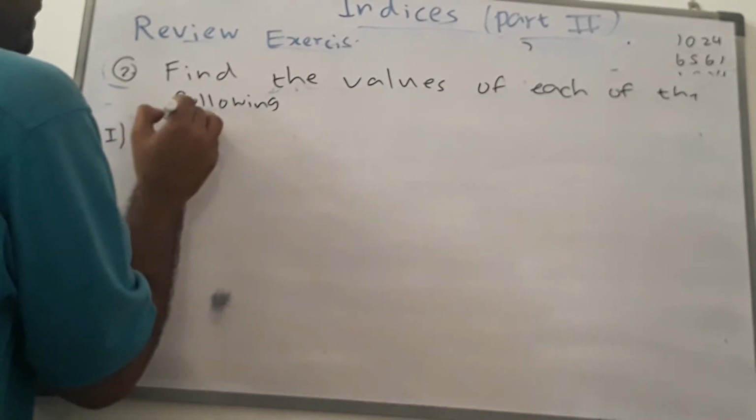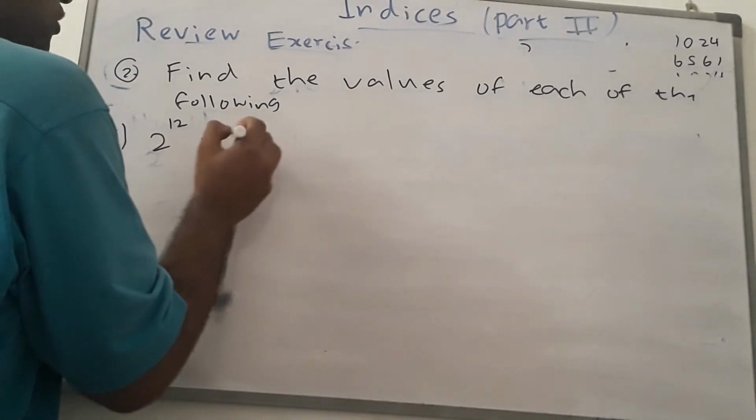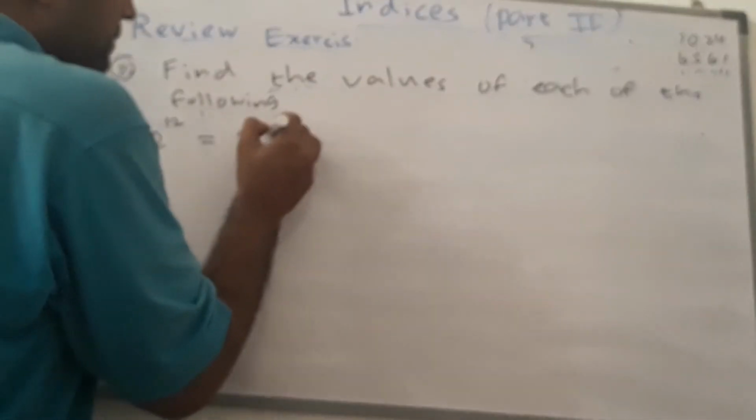Our first question is 10 to the power 12. 10 to the power 12 means 12 tens multiplied by each other.